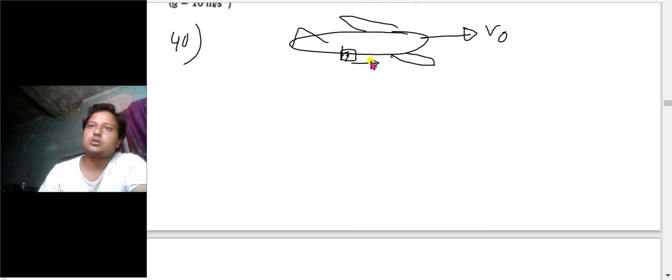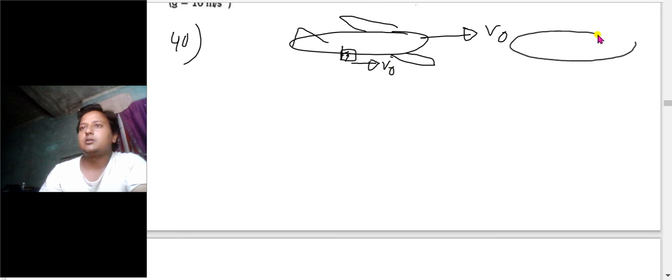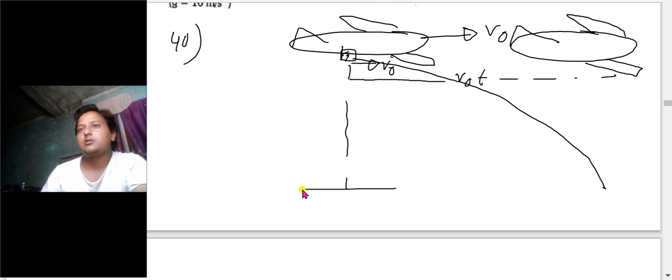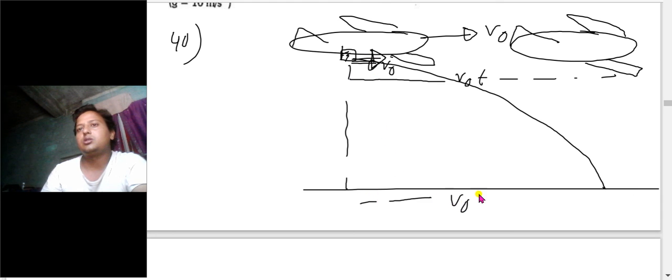So the packet also has a speed v0. After time t, the plane displaces forward, so the distance is v0 into t. After time t, the packet goes like this. As the horizontal speed of the packet is also v0, this distance is also v0 into t. So both distances are the same.